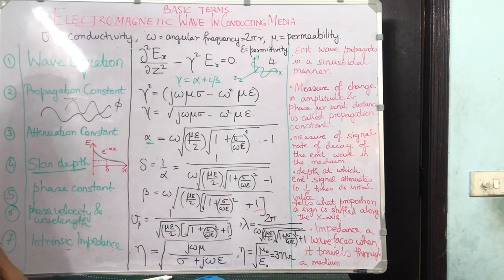Mathematically, the value comes out as 377, or 376.66. Now, let us begin to derive all these expressions.